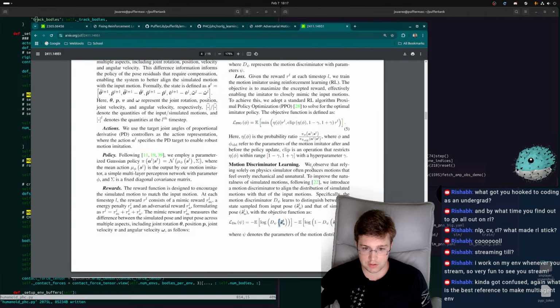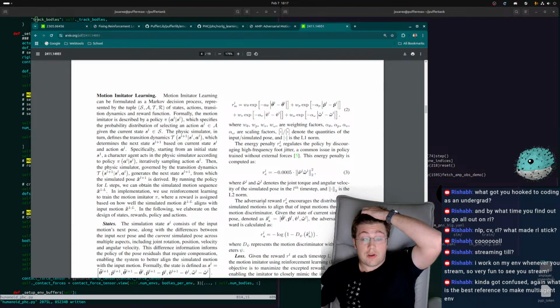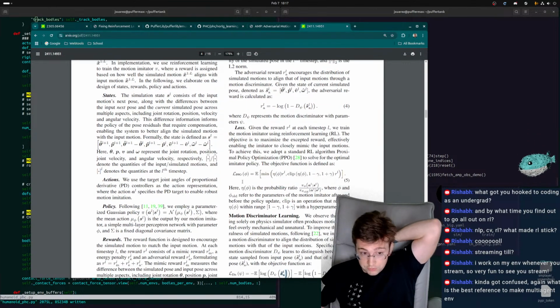This is not. Sampled input state and simulated pose. Okay, so I don't see any difference between current and previous state.